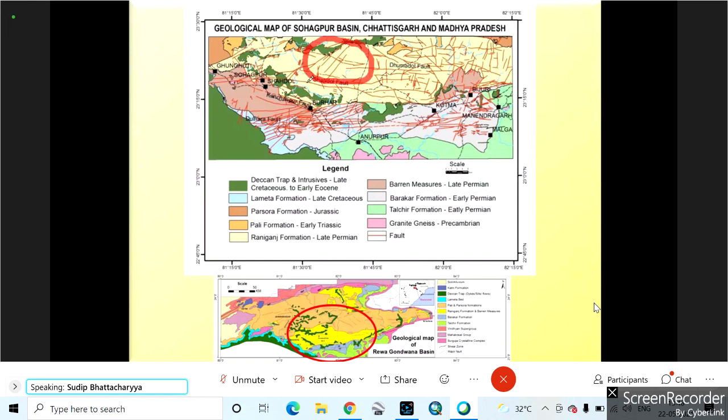From elsewhere the thermal maturity value is only 0.5, 0.4, also 0.6, but here it is over 0.9, 1.2, 1.3. Okay, thank you.